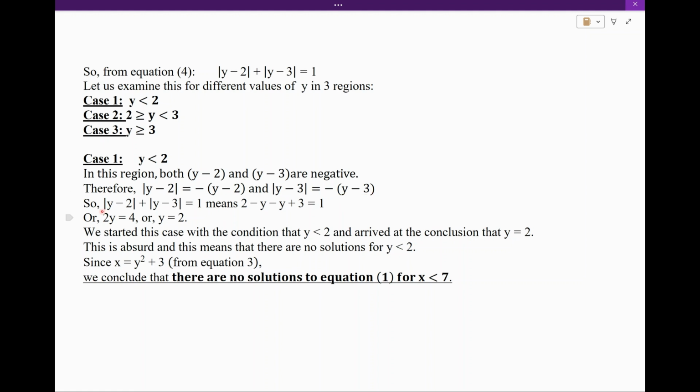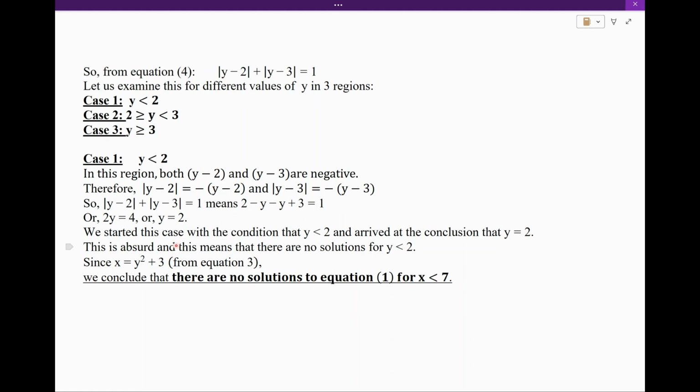So when you add both these terms together and equate that to 1, we get 2 minus y plus 3 minus y is equal to 1, or 2y is equal to 4, or y is equal to 2.